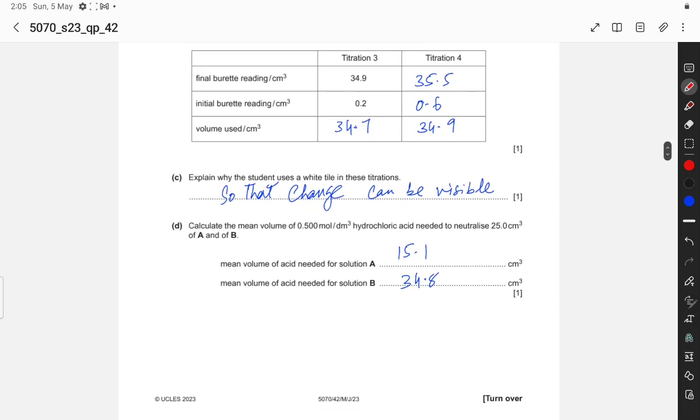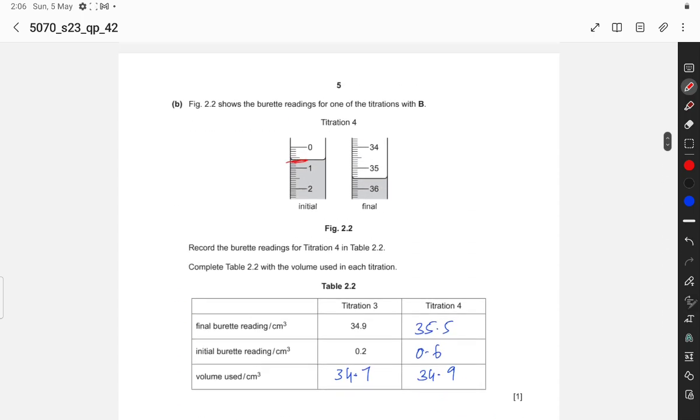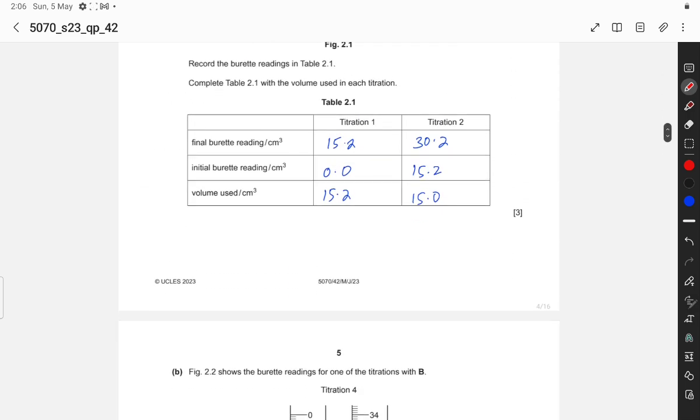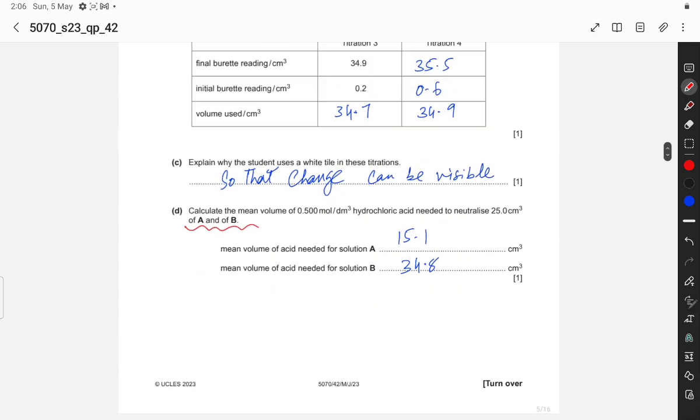Explain why the student uses a white tile in these titrations: so that the color change can be visible. Calculate the mean volume of 0.500 mole per dm cube hydrochloric acid needed to neutralize 25 centimeter cube of A and B. Using 15.2 plus 15.0 divided by 2, we get 15.1.